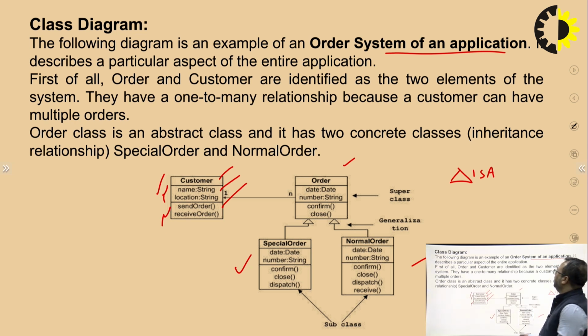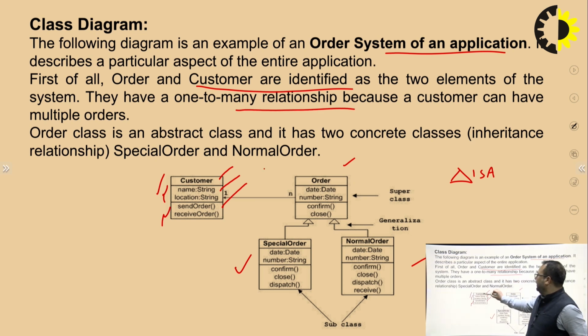The following diagram is an example of an order system of an application. It describes a particular aspect of the entire application. First of all, order and customer are identified as two elements of the system. They have a one to many relationship. Say a class or object and another object.